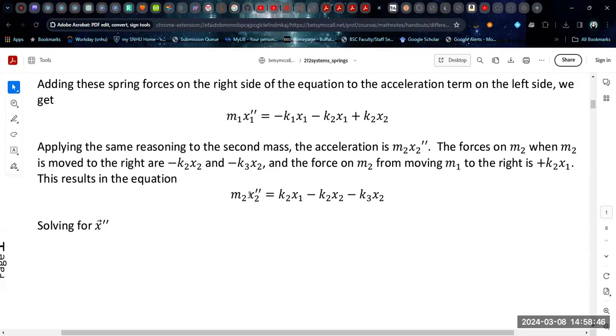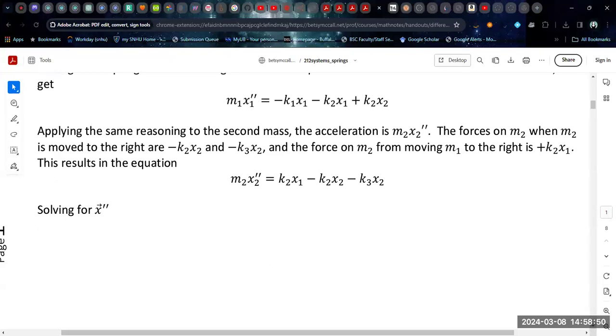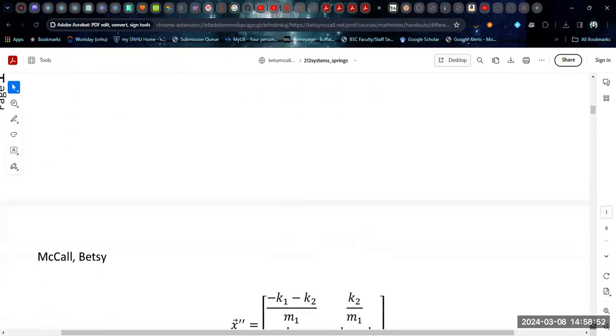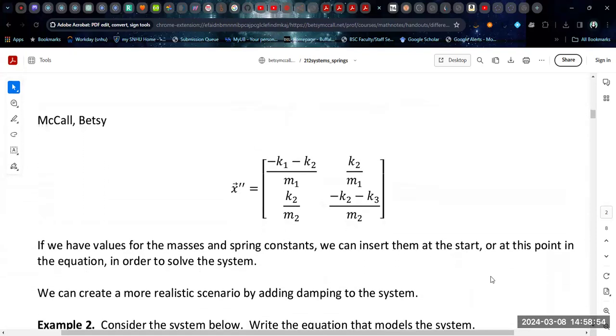Now, again, we treat these as vectors and we solve for x double prime as a vector. And so we're going to end up with, I'm collecting the coefficients of x1. This is my matrix. There should be an x1, x2 vector out here. But these are the coefficients of my x1, and these are the coefficients of my x2.